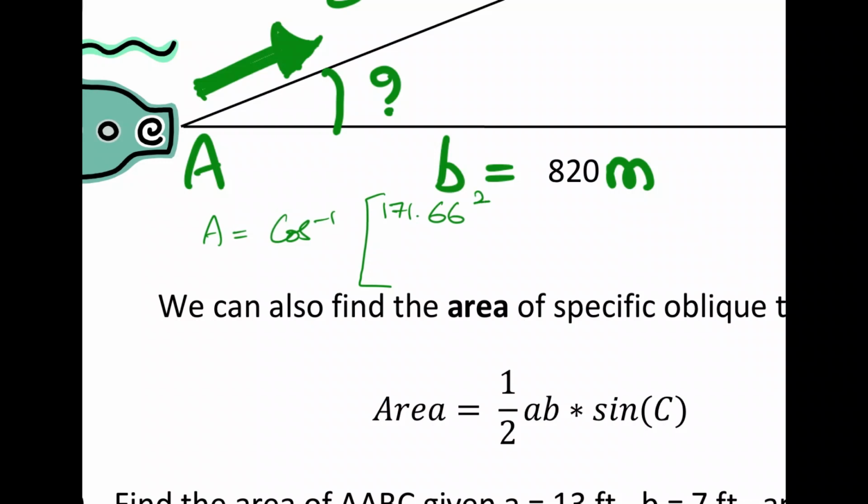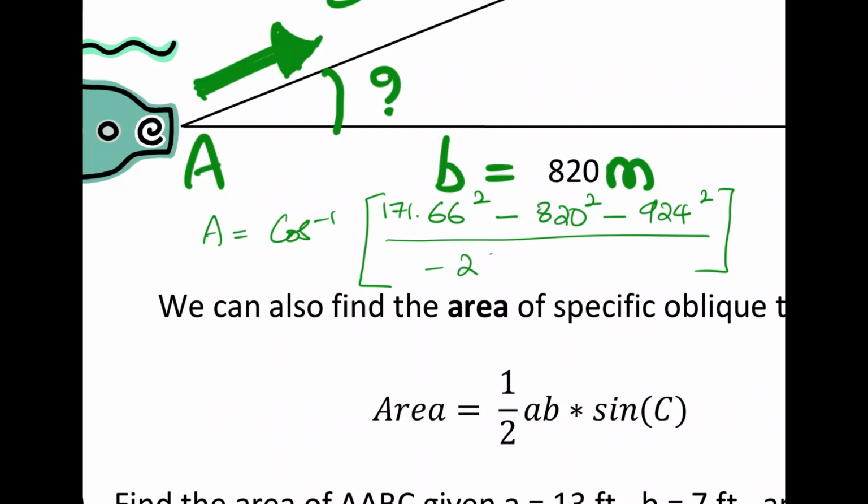171.66 meters. So square of that minus B squared. And in this case, B is 820. So 820 squared minus C squared. So C is 924 meters. So square of that. And then in the denominator, we have negative 2BC.